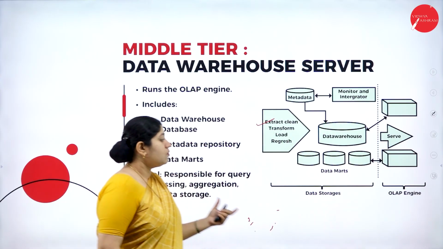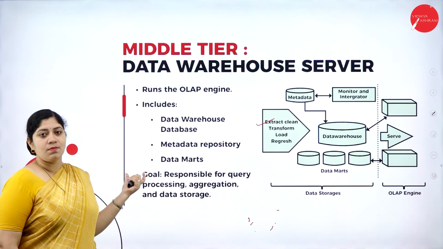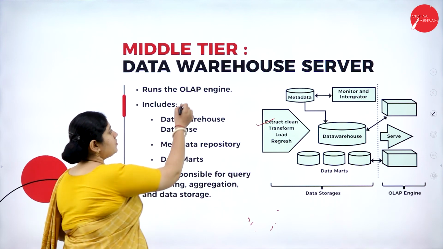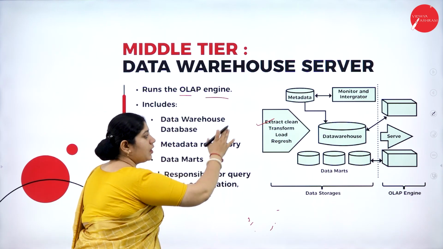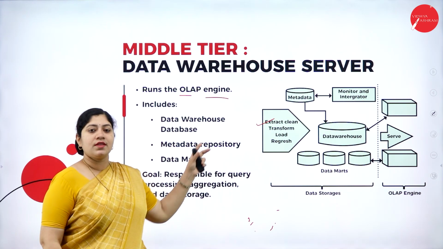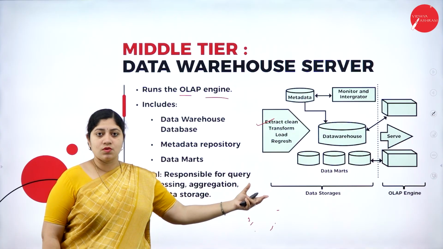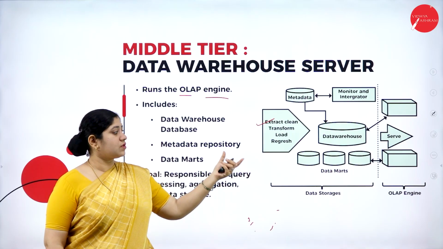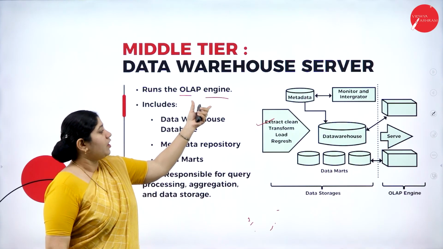Great. Now moving on with the theory part of this. As we know, this runs the OLAP engine. Yes, the information from the complete extraction, cleaning, then from metadata and also from the data warehouse is fed to the next stage, which is called the OLAP engine, right?